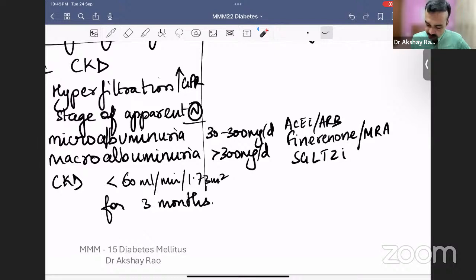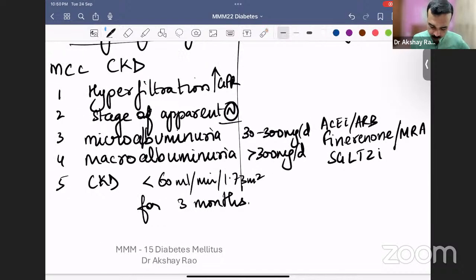So these are the agents which reduce the speed of progression from stage 3 to stage 4. Once they have landed up in macroalbuminuria, it becomes difficult to do much. They will invariably go into CKD.